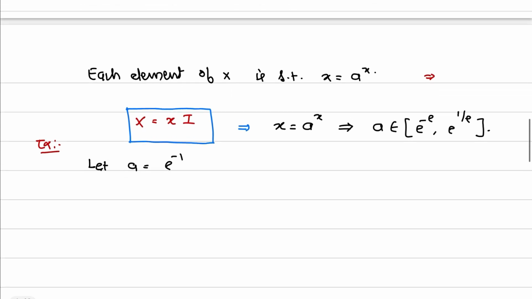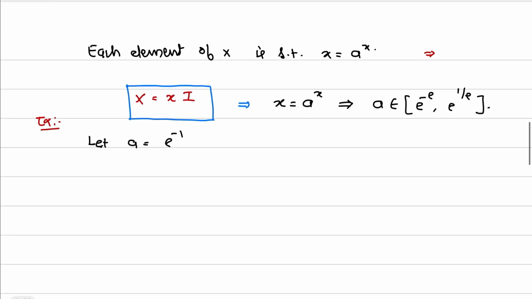Let A is equal to e to the power of minus 1 for clarity. Then x is equal to a to the power of x is equal to e to the power of minus 1, to the power of x, is equal to e to the power of minus x.